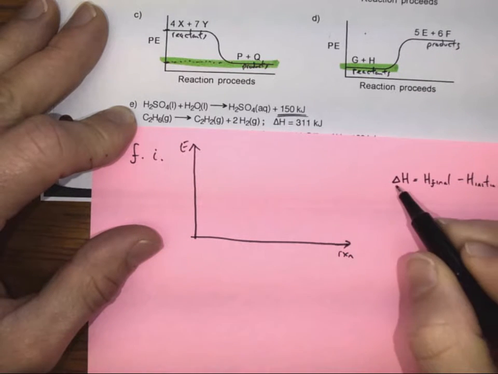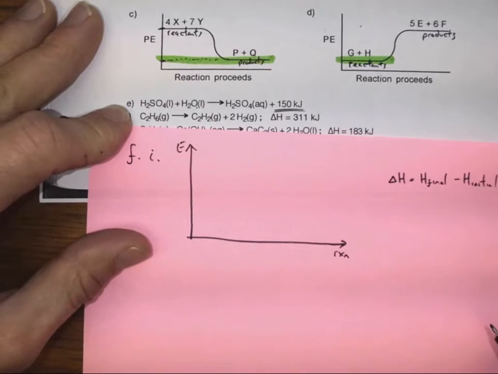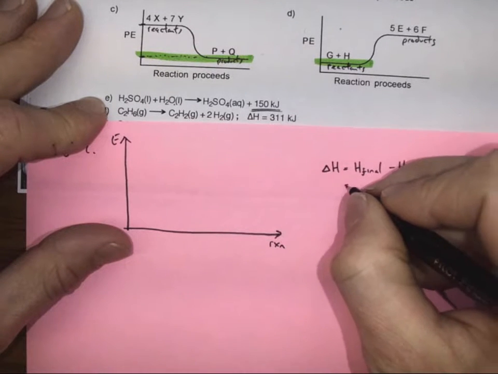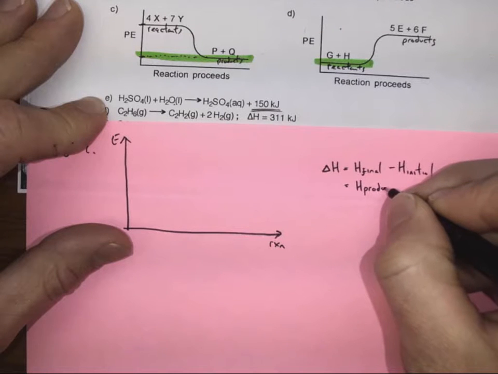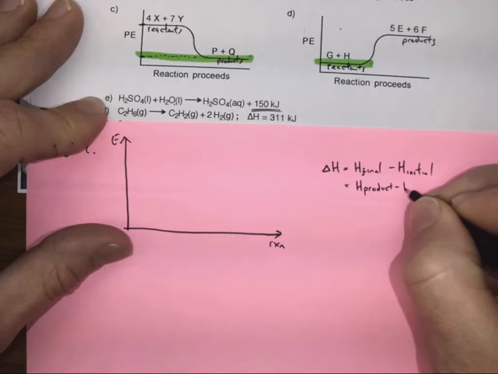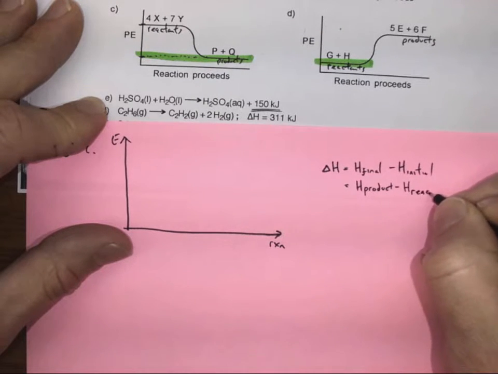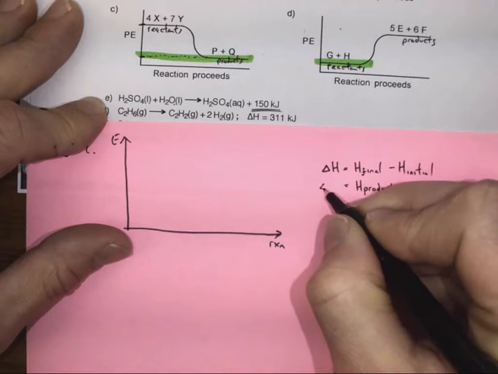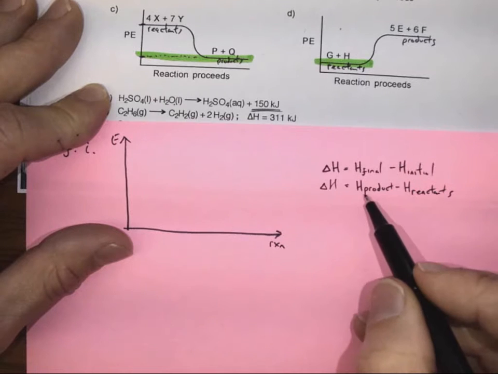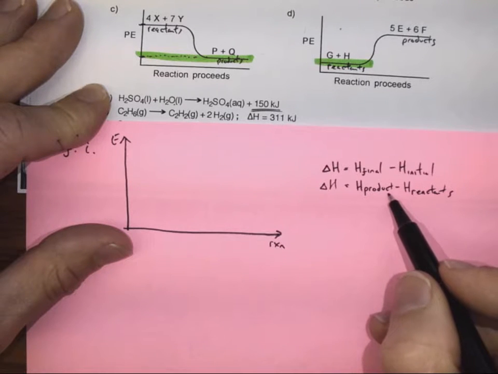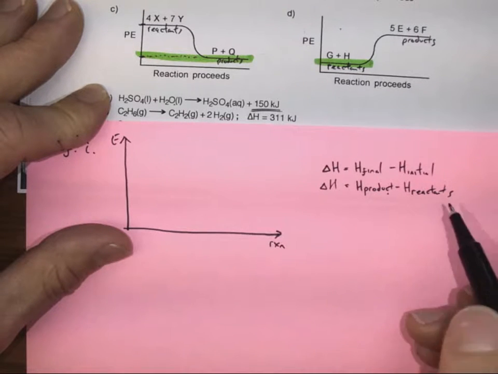That's just a general principle of measuring change: final minus initial. In chemistry, we usually think about our products as our final form, and we take away the enthalpy of our reactants.